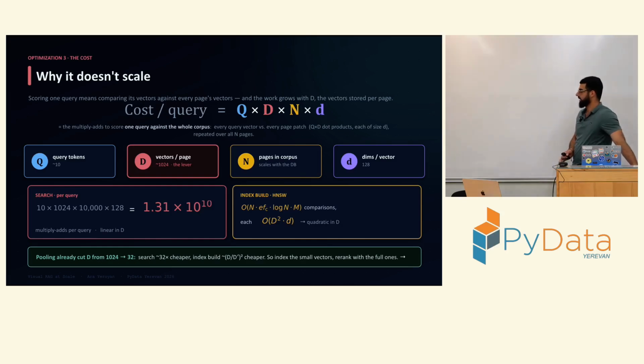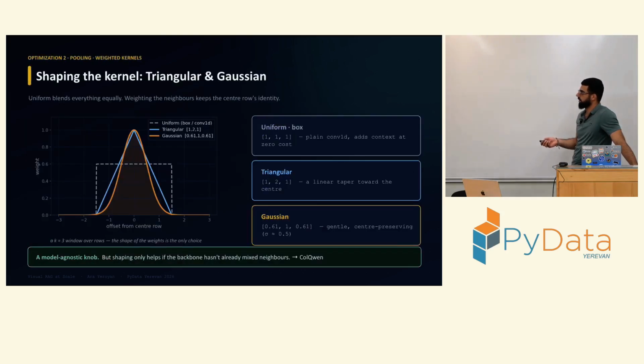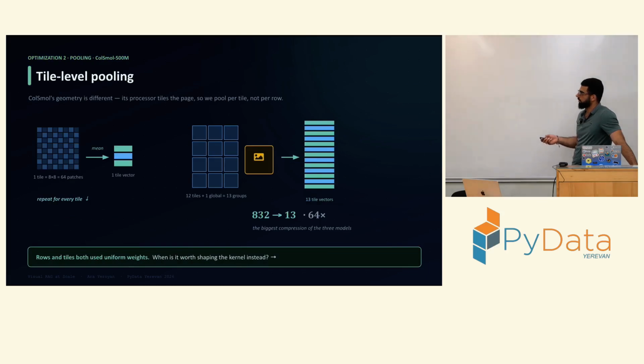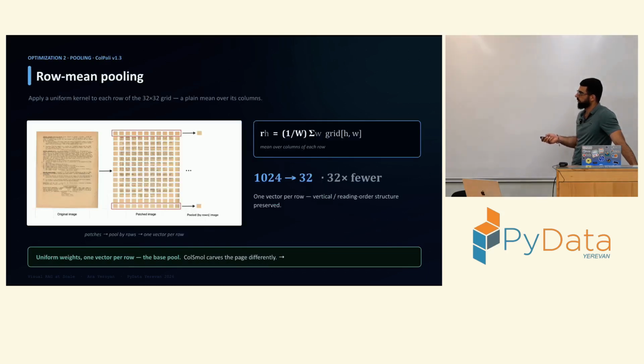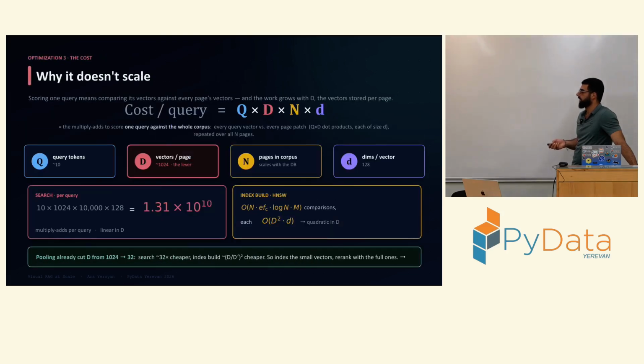Putting things simply, if we continue to use our pooled representations, whenever we talked about pooling, let's say 32 vectors instead of 1024, and we embed those small matrix representations, it means during both index construction time and the search time, we will have a very big latency improvement. Now the only thing is about the quality.